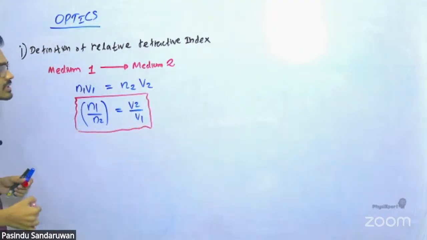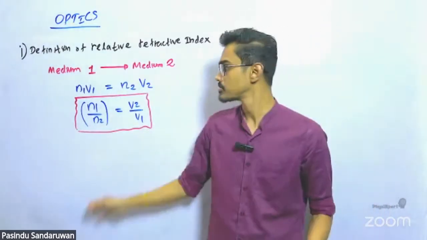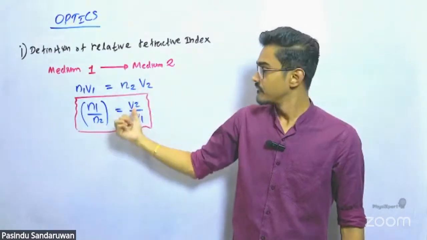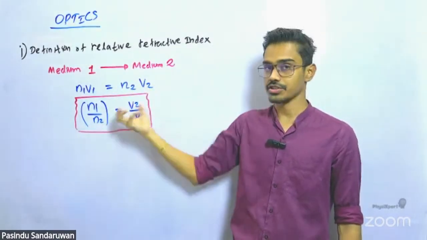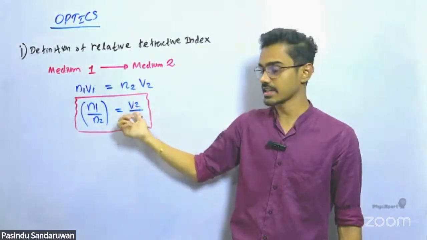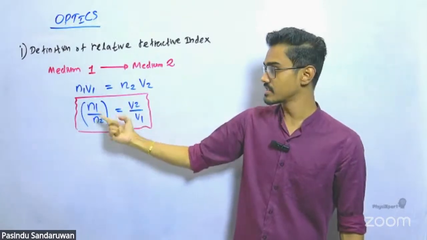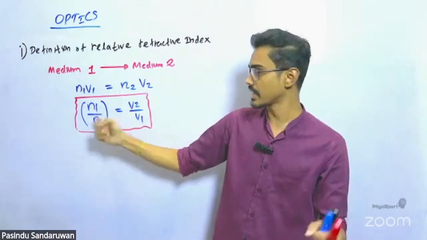Here, this refractive index is defined as follows: when a light ray travels from one medium to the other, the ratio between the velocity of light at the second medium to the velocity at the first medium is defined as the refractive index of the first medium relative to the second medium.